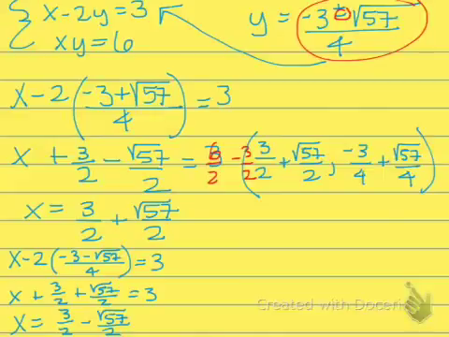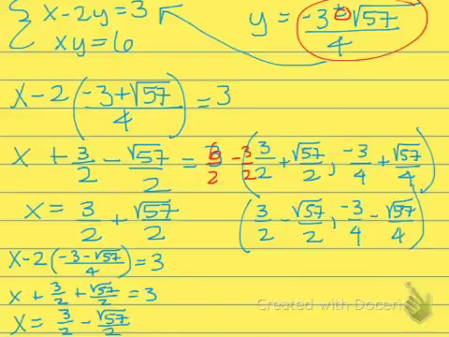So we have 3/2 plus square root of 57 over 2 and negative 3/4 plus square root of 57 over 4. And then we also have 3/2 minus square root of 57 over 2 and negative 3/4 minus square root of 57 over 4. This is just taking our x and our y, and our x and our y.